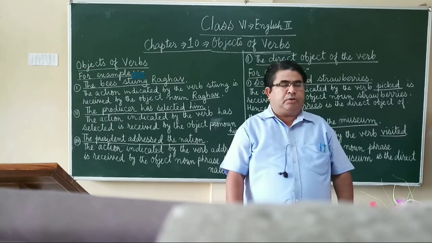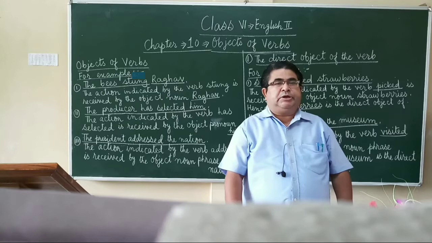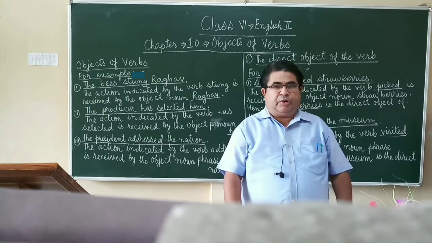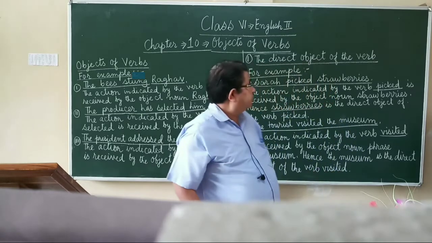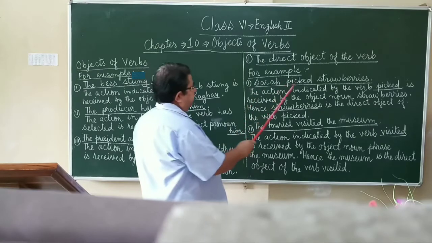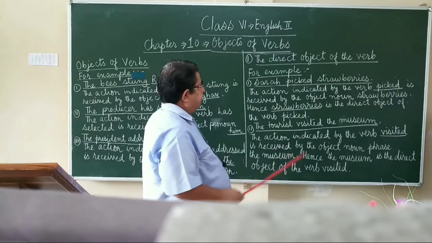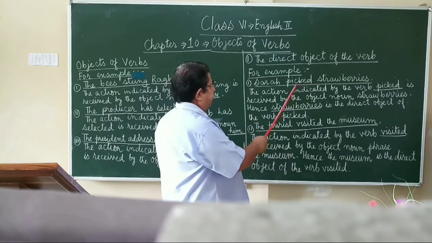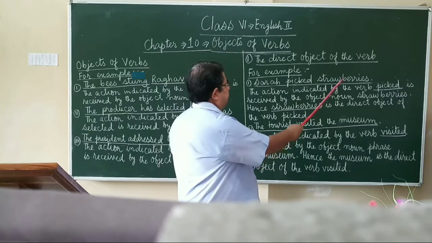In order to find out the direct object, we have to ask the question whom or what after the verb in a sentence. For example, children, all of you see the blackboard. First example, Sarah picked strawberries. The action indicated by the verb picked is received by the object noun strawberries.